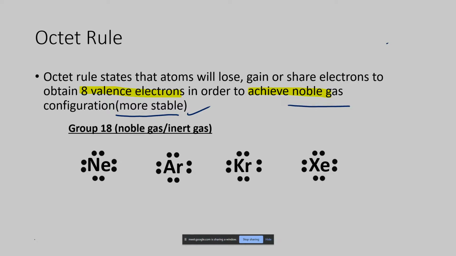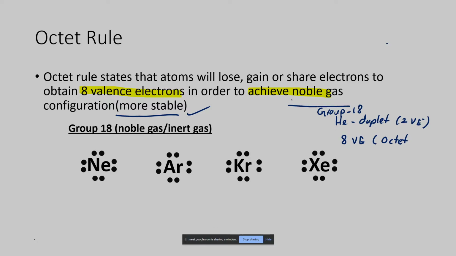Helium is special case, it is duplet. Okay, helium sahaja is duplet. It means that ada 2 valence electron. Untuk yang lain, group 18, semua ada 8 valence electron, which is octet. Yeah, octet configuration. So these gases are called noble gas.